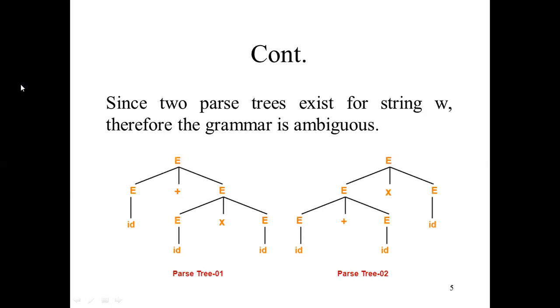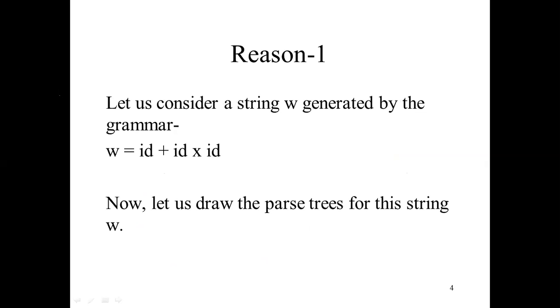This is the actual string. Now we will assign such values so that we can get the output as given. What is the output? Here W is equal to ID plus ID into ID.